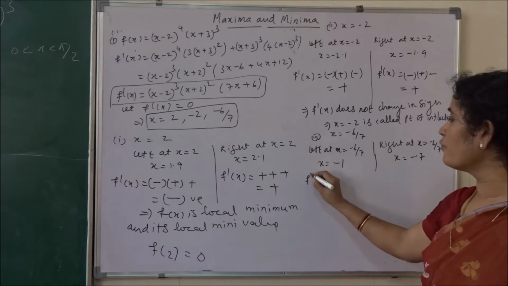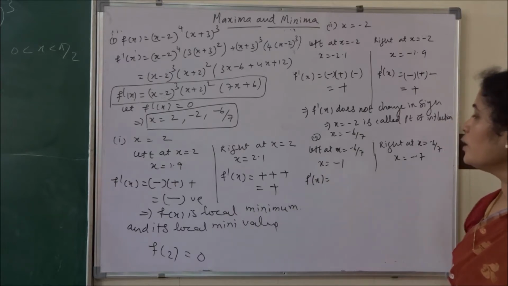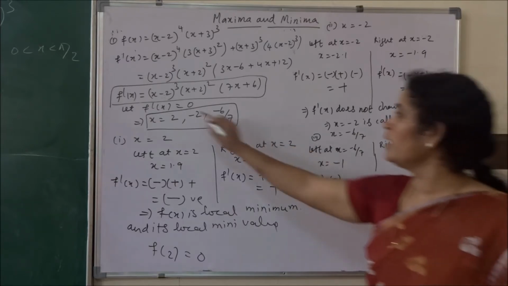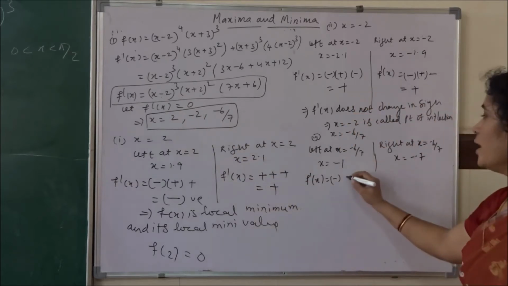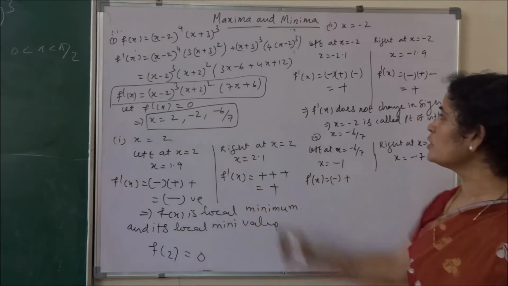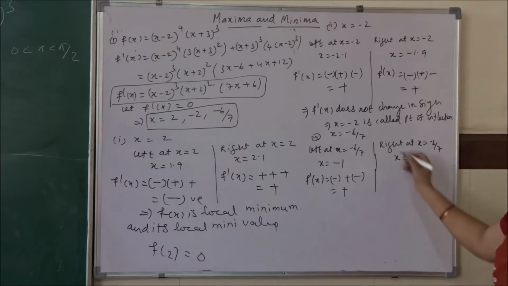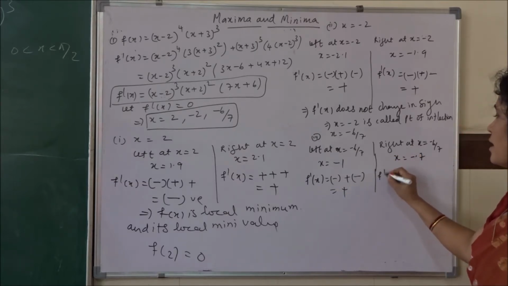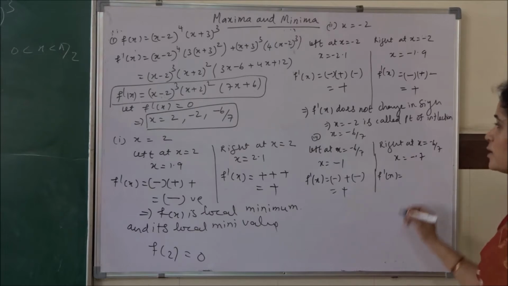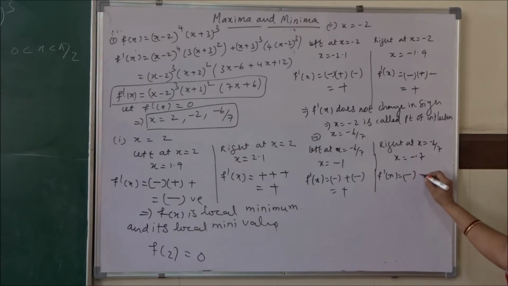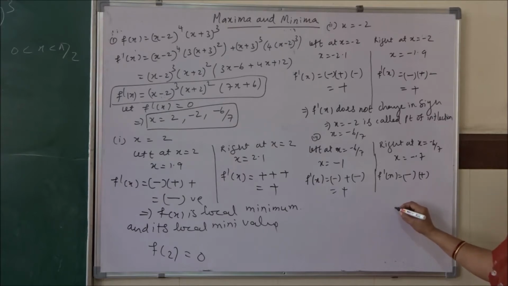Now f dash of x, first one is negative, next one is positive. If I keep minus 1, then the minus becomes positive. If I keep minus 0.7, it becomes negative and positive, that is 4.9, again positive, so I am getting negative.